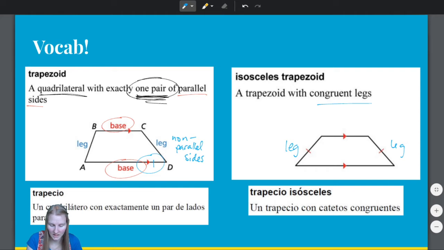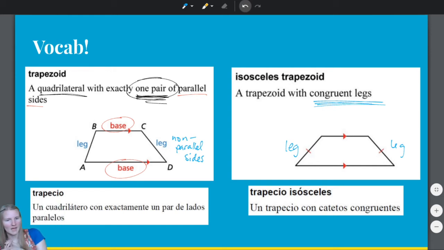So typically, in a trapezoid, the bases are not congruent, because then we would have a parallelogram. A trapezoid is different than a parallelogram. It only has one pair of parallel sides. In an isosceles trapezoid, the bases are not congruent, but the legs are congruent.